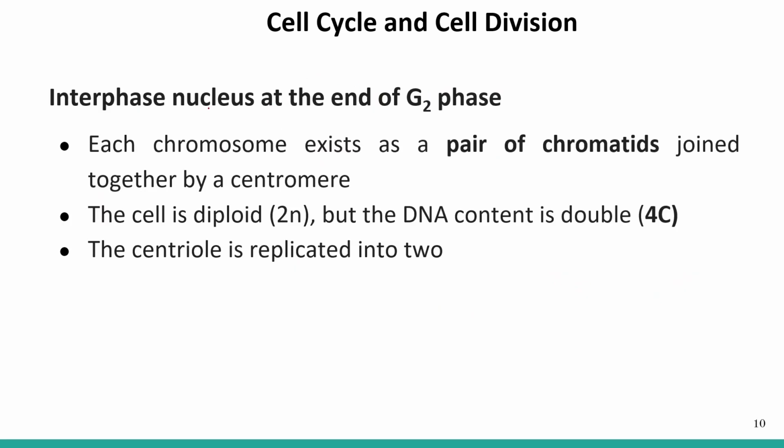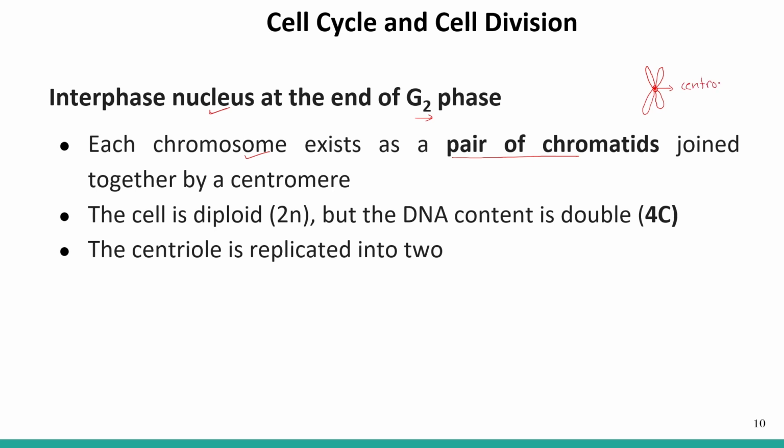Now, what is the condition of the nucleus after interphase? Okay, the interphase nucleus at the end of G2 phase. Alright, each chromosome exists as a pair of chromatids joined together by a centromere. So if this is a chromosome, in the center we have the centromere.